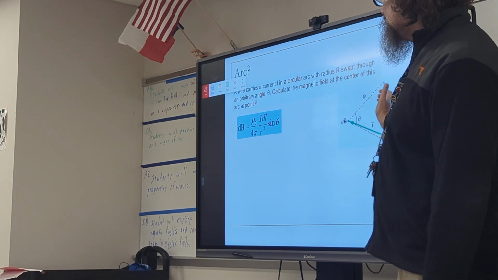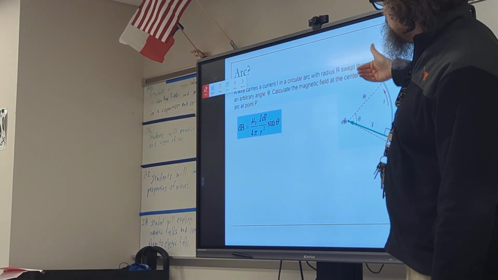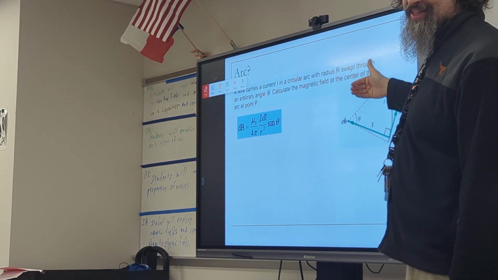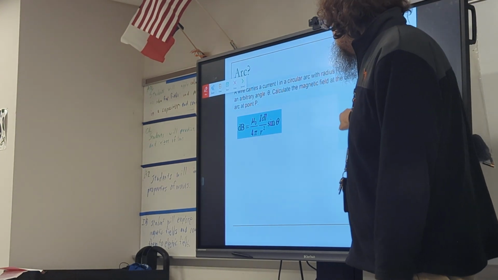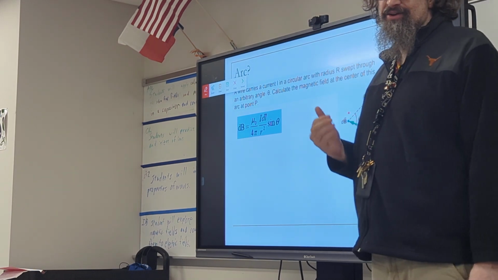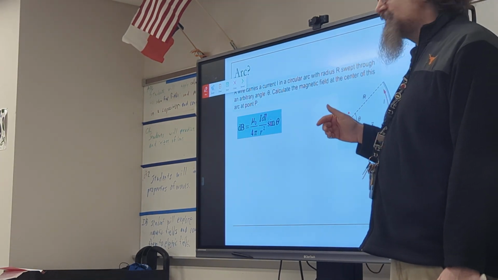Which way do my fingers wrap around this arc? So this would be a dot located in the center. Does that kind of make sense?